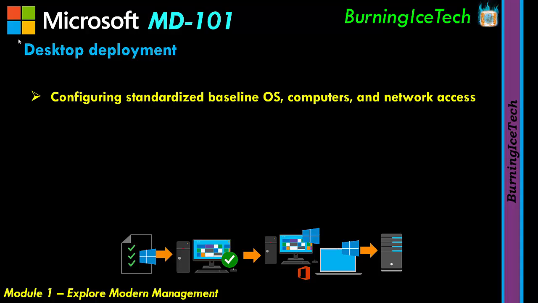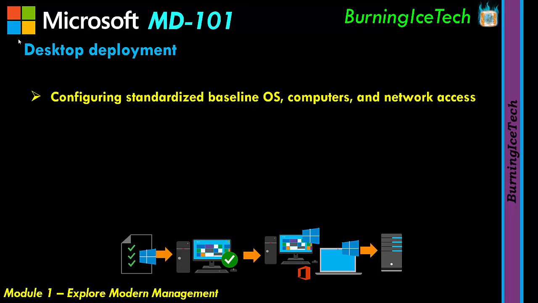Now, this image normally has certain settings pre-configured, like network access. So the only thing you still need to do with regards to network access is make sure the person is plugged in with a network cable, or that they're on the office Wi-Fi connection if they want to use wireless. If they're at home, that's maybe your responsibility to provide them with internet access at home, if that's your company policy. Alternatively, they need to hook that up themselves.